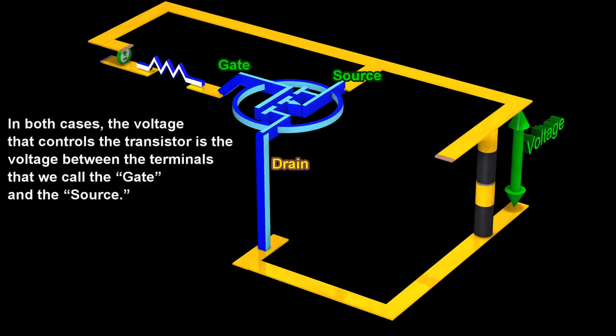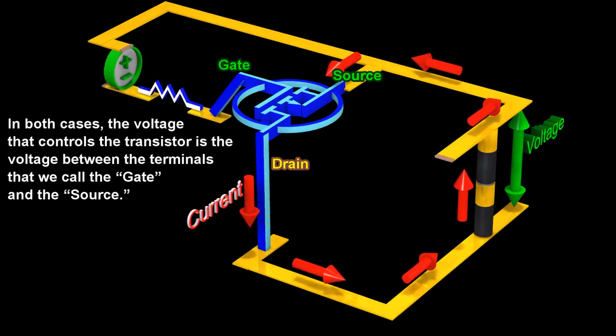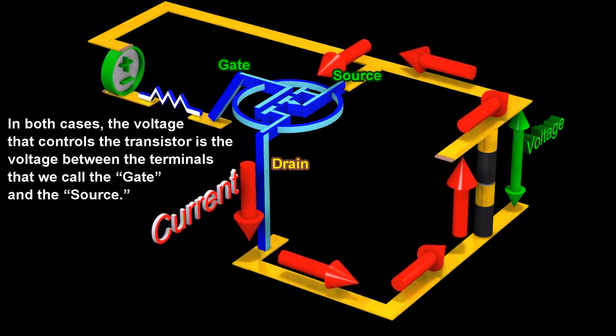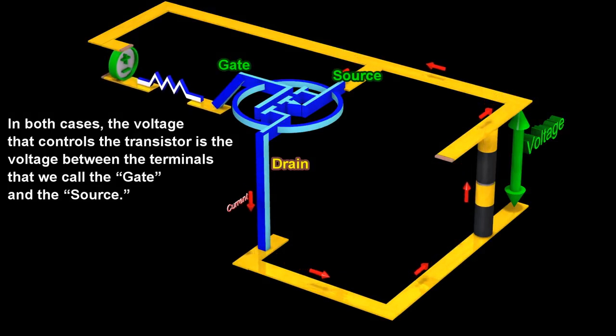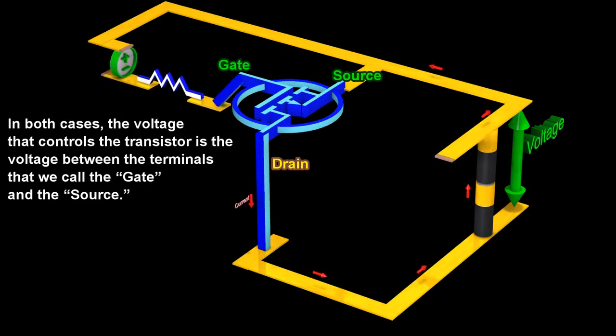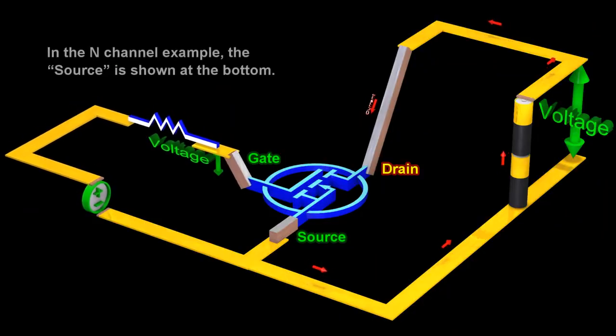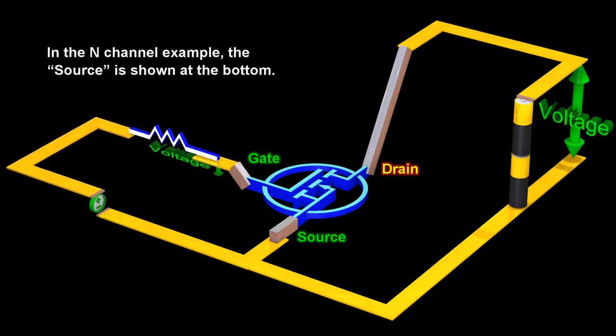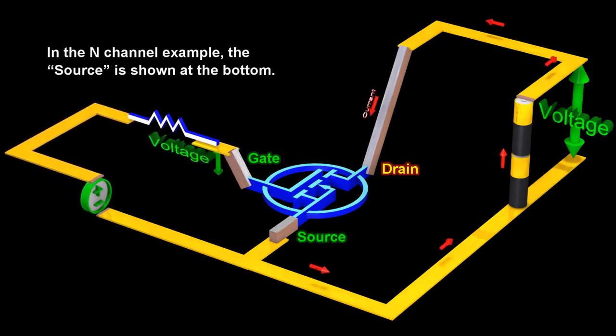In both cases, the voltage that controls the transistor is the voltage between the terminals that we call the gate and the source. In the N-channel example, the source is shown at the bottom.